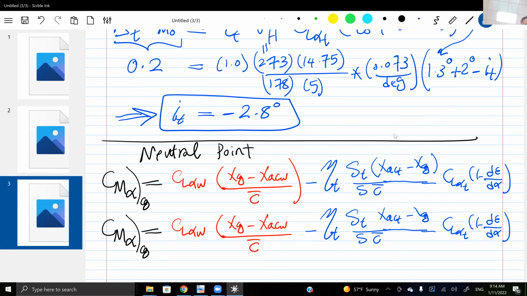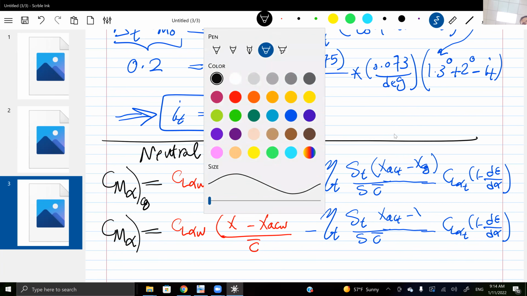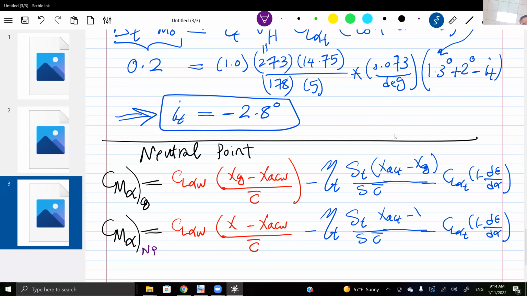So for example, I'm going to replace the CG with whatever point I like. So here, if I'm talking about the neutral point, this is the neutral point.